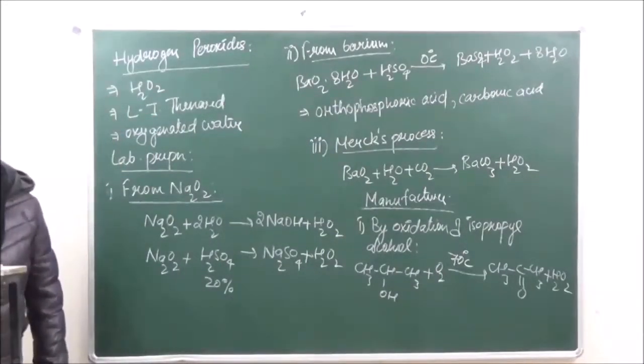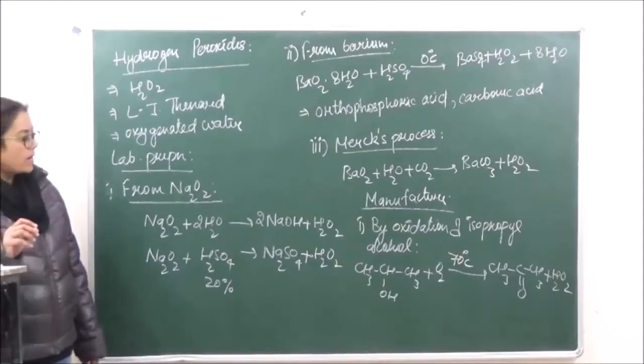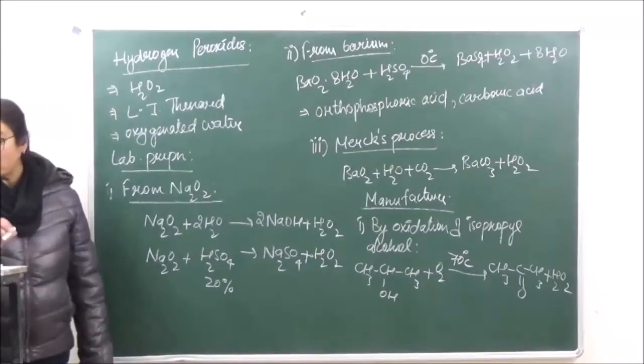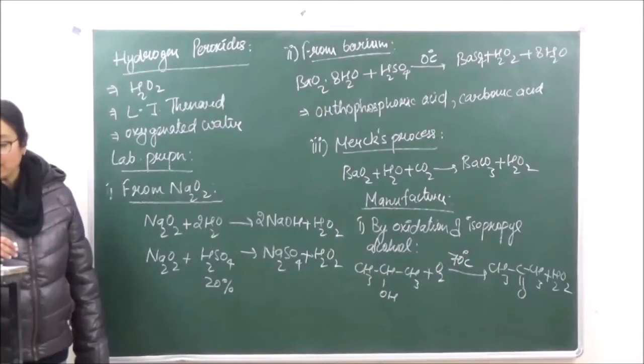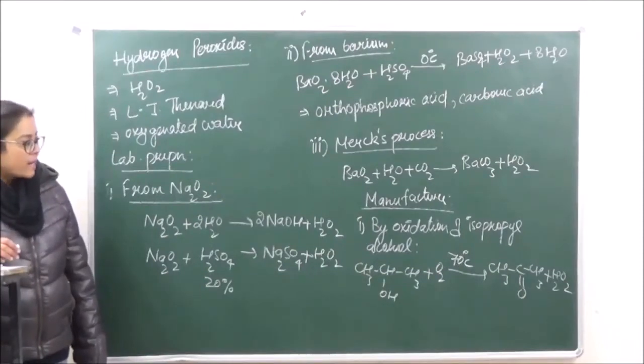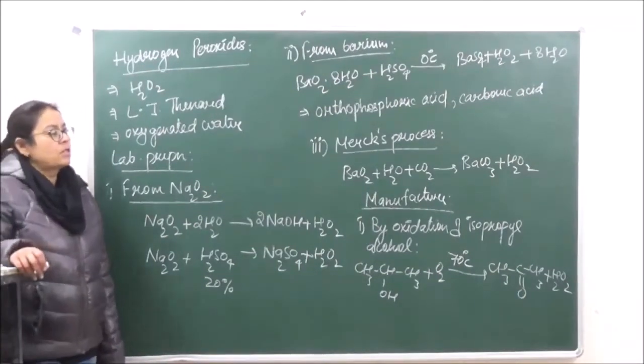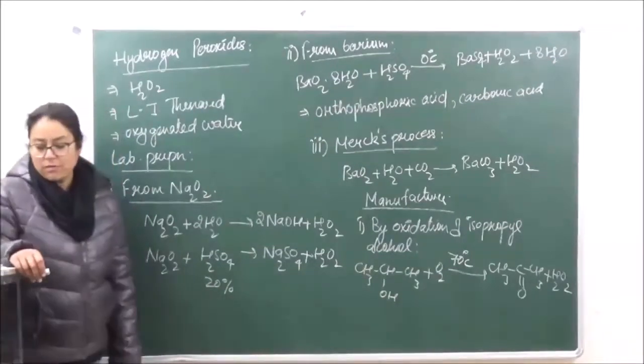Now the acetone over here and whatever unreacted isopropyl alcohol is there can be distilled, leaving behind an aqueous solution of hydrogen peroxide. Okay? So this is the first method.